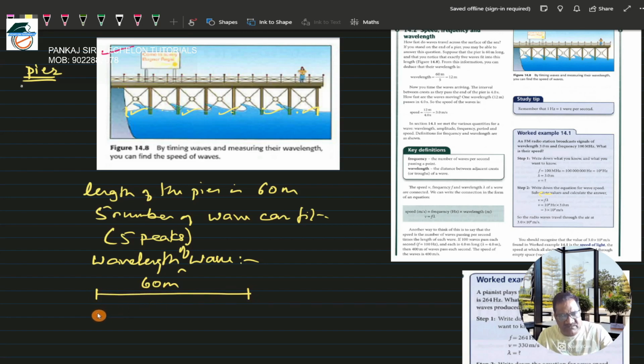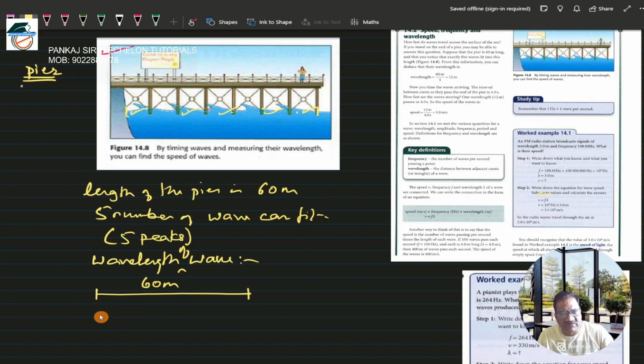So this will be 1 peak, 2 peak, 3 peak, 4 peak and 5 peak. You can see that from end to end, this is one wave, so one wavelength, I'm sorry.